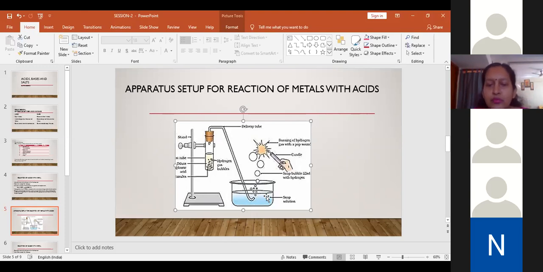So to make it more clear, we pass the gas through soap solution. Now, as soon as the gas is released in the solution, it rises up in the form of bubbles. When a burning splinter or candle is brought close to it, the bubbles burst with a popping sound.